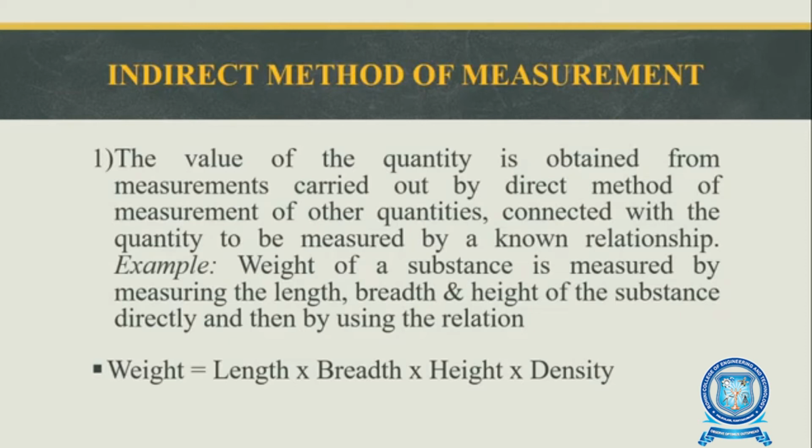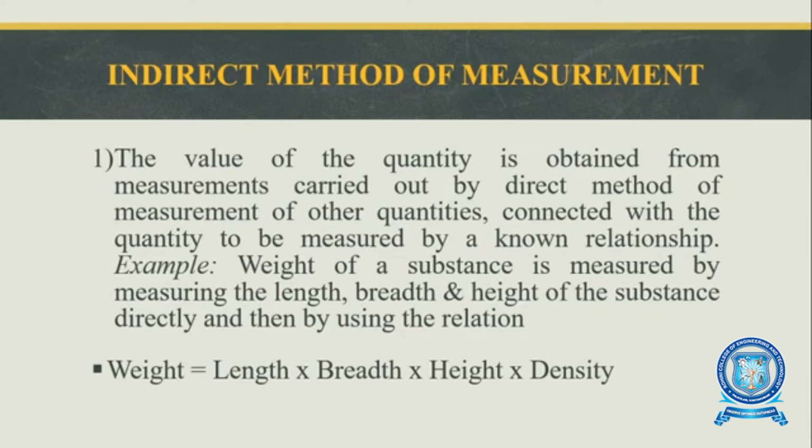For example, here weight of a substance is measured by measuring the length, breadth and height of the substance directly, and then by using the relation. So the simple thing is, the output of the particular measurement gives the value with some calculations or some formulas, then it is called indirect method.